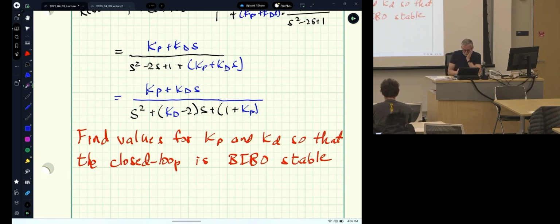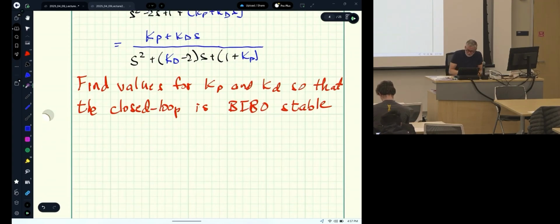Okay, somewhat annoying that my KD, D is capital here and lowercase, but we'll overlook that, right? So what condition do I need on both of these coefficients for the system to be BIBO stable? Positive. And so if this is going to be positive, we need KD minus 2 to be bigger than 0, and we need 1 plus KP to be bigger than 0. So it's that simple. There's no trick here.